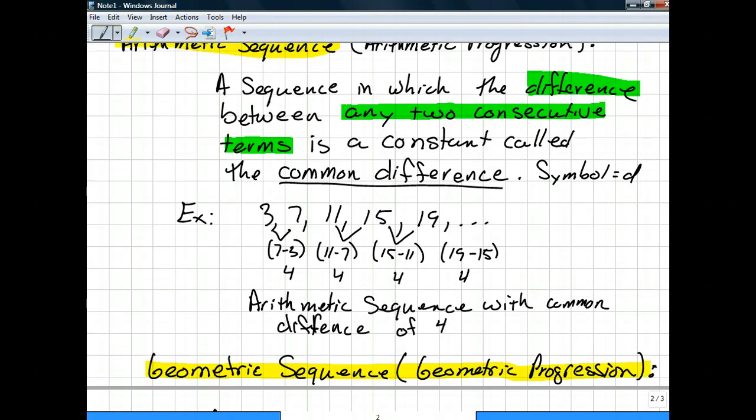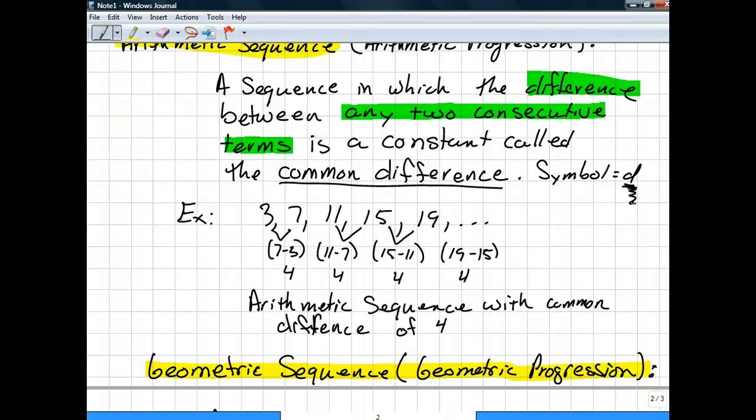And the symbol we use for common difference is a D. So for example, 3, 7, 11, 15, and 19 all have a common difference of 4, because 3 plus 4 is 7, 7 plus 4 is 11, 11 plus 4 is 15, 15 plus 4 is 19.